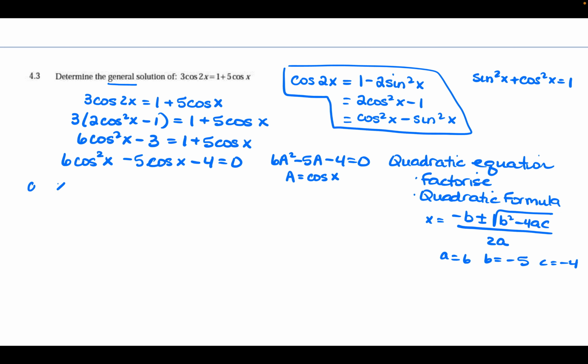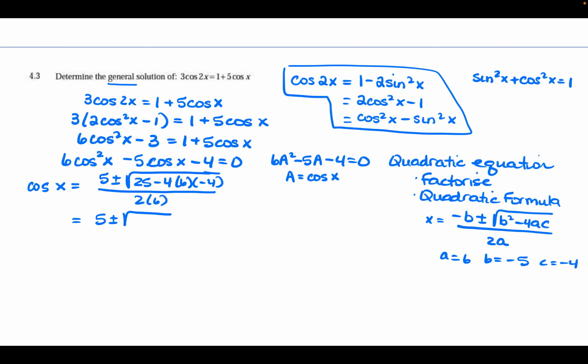And so we know that cosine of x will equal the opposite of b, 5, plus or minus the square root of b squared, 25, minus 4 times 6 times -4, all over 2 times 6. I'm just going to simplify this.